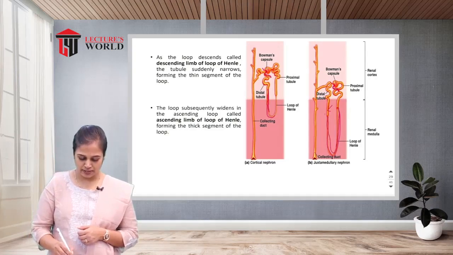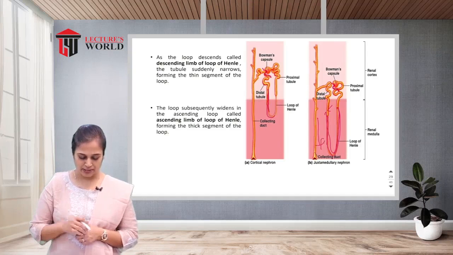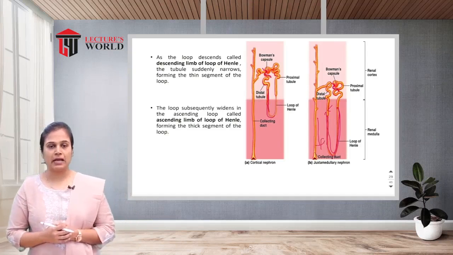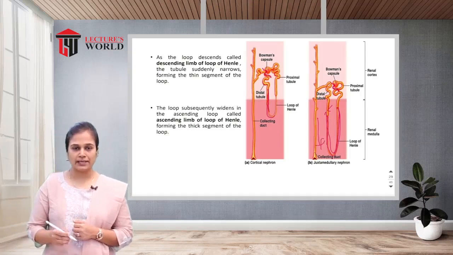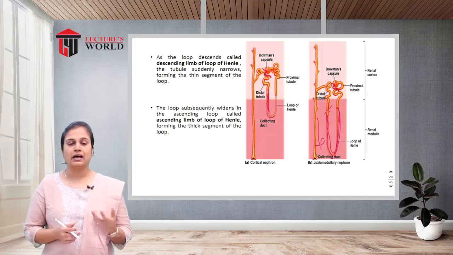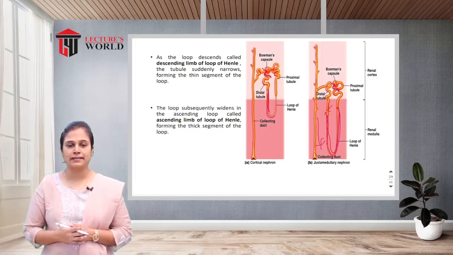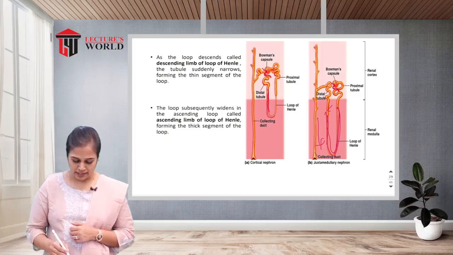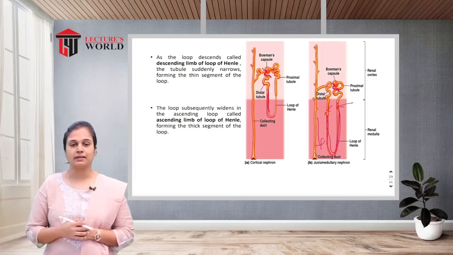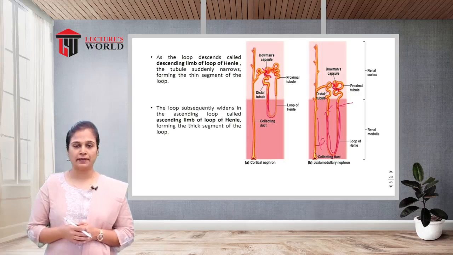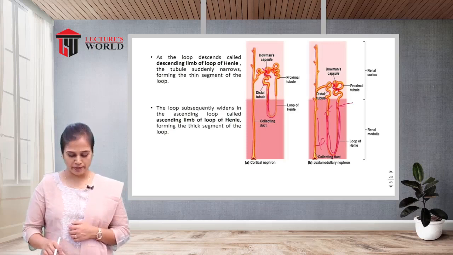So this is the descending loop of Henle, and the loop subsequently widens in the ascending limb of the loop of Henle, which is the thick segment of the loop.